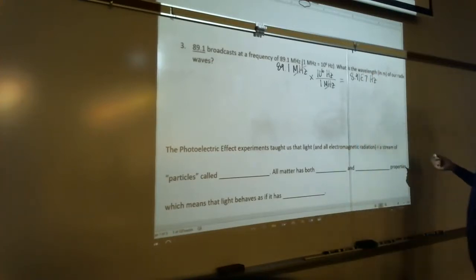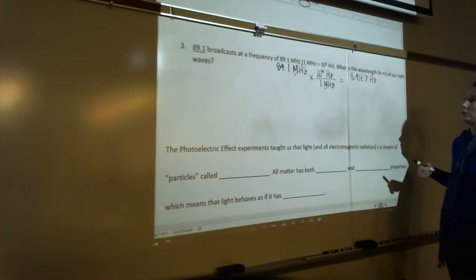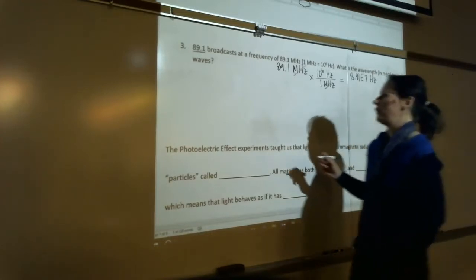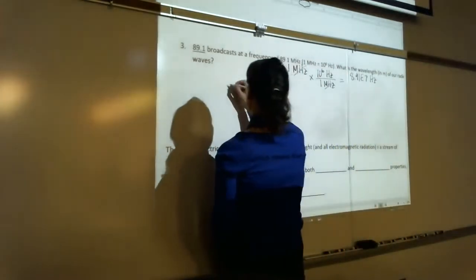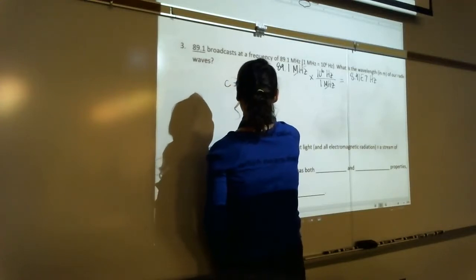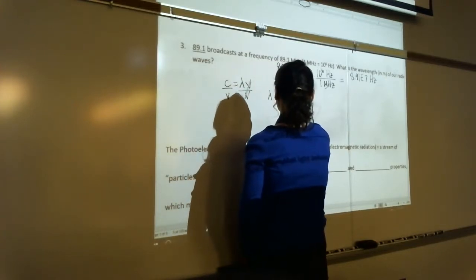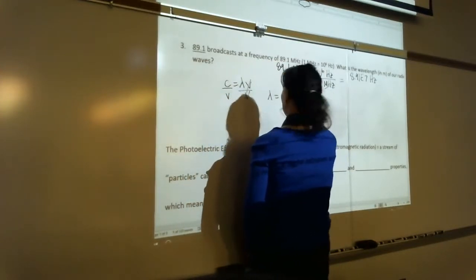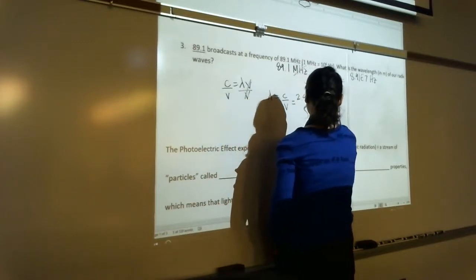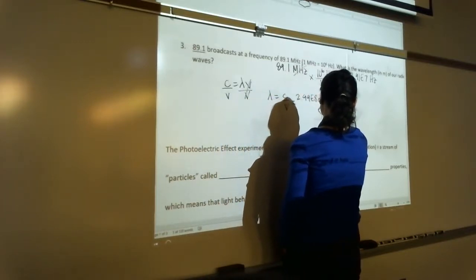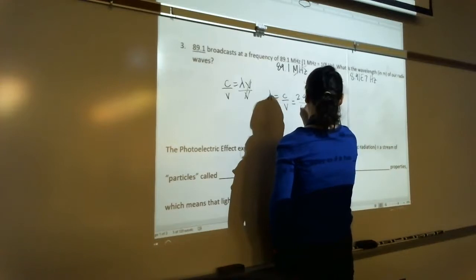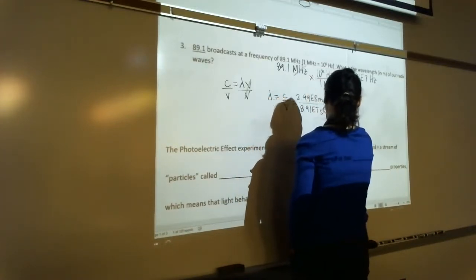Hertz is the same thing as seconds inverse, right? So we can plug that into our equation. We're solving for wavelength this time, so we're going to divide both sides by the other variable. 2.99 times 10 to the 8th meters per second divided by 8.91 times 10 to the 7th seconds inverse.